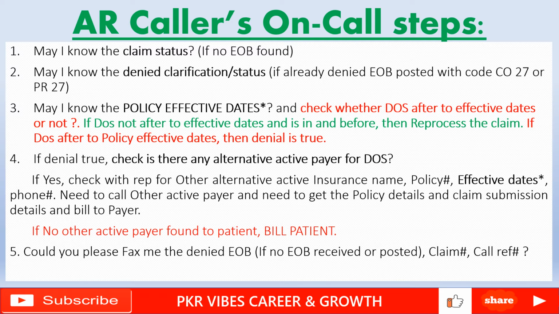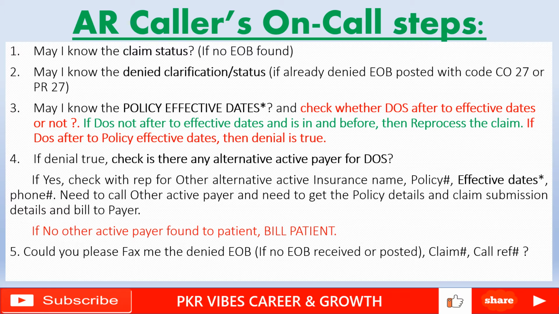Okay, now we will discuss on-call analysis for the PR27 denial. For example, we submitted a claim to the insurance company and we didn't receive any status about the claim. We already checked in our clearinghouse, in our doctor software, and in the respective payer portal, and we didn't find any EOB.